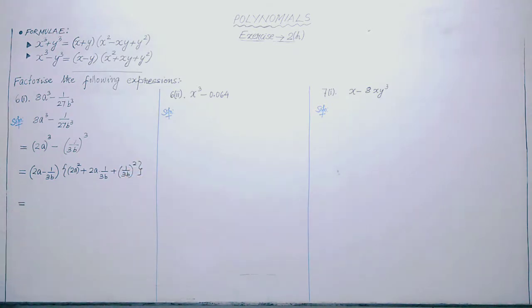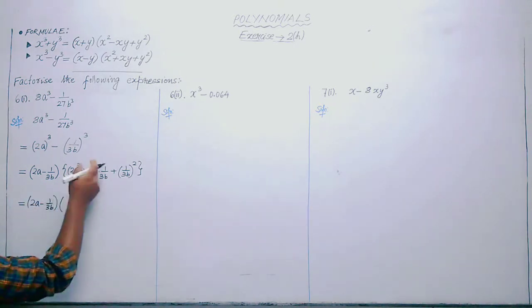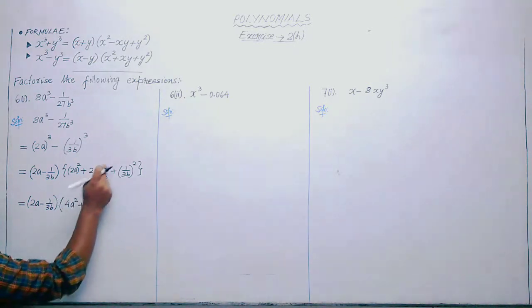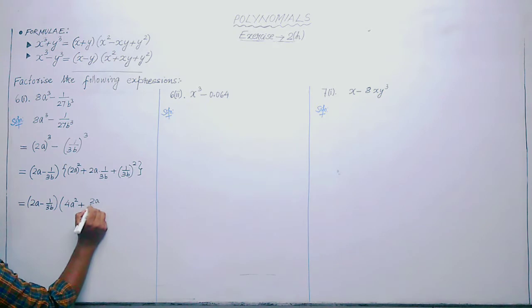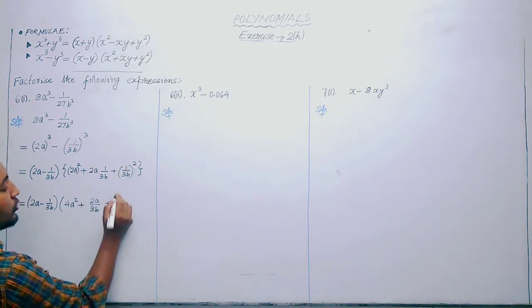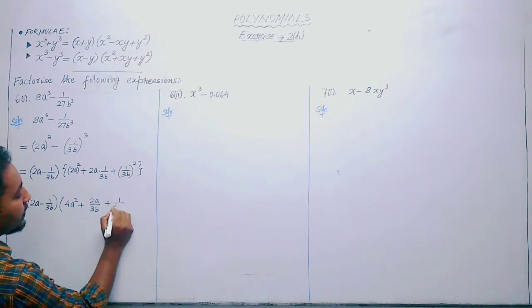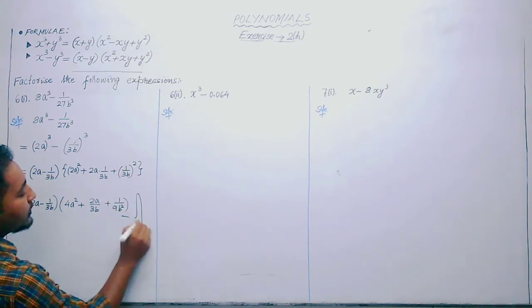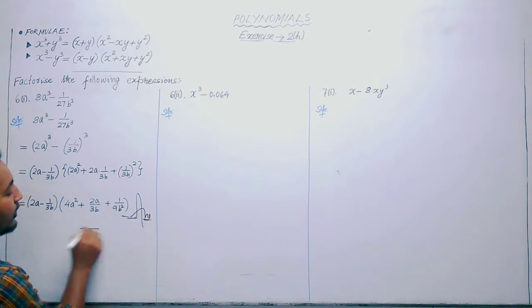Now which will give you 2a minus 1 by 3b. Now if you square, 2 square is 4a square plus 2a ones are 2a, 3 by 3b plus square. 1 square is 1, 3 square is 9, b square is b square. That is our required answer.